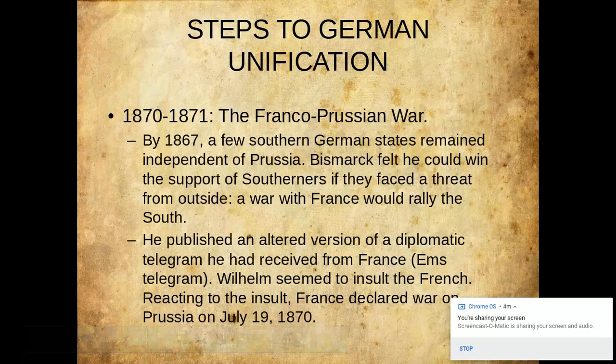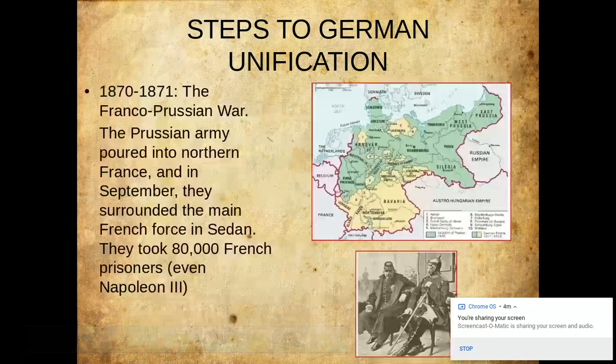So he published an altered version of a diplomatic telegram he had received from France, insinuating that France had insulted them, and that by reacting to the insult, they would declare war. So France would declare war on Prussia. You provoke the French king, call him some names, force him, and hey, he's the one who declared war, we didn't. That was his excuse for war.